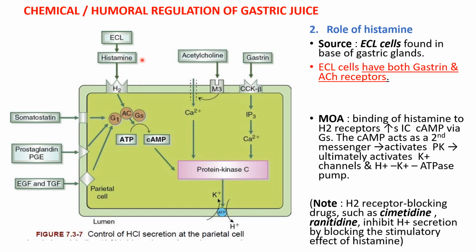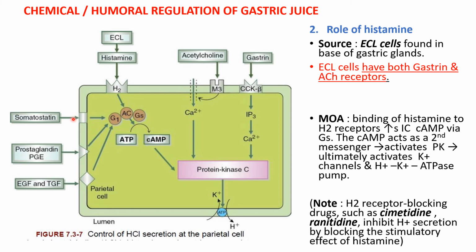Whenever ECL cells are stimulated, they release histamine, and this histamine binds with a special receptor called the H2 receptor, present on the parietal cells, to activate protein kinase C, and ultimately secretion of HCl takes place from the activation of the proton pump.